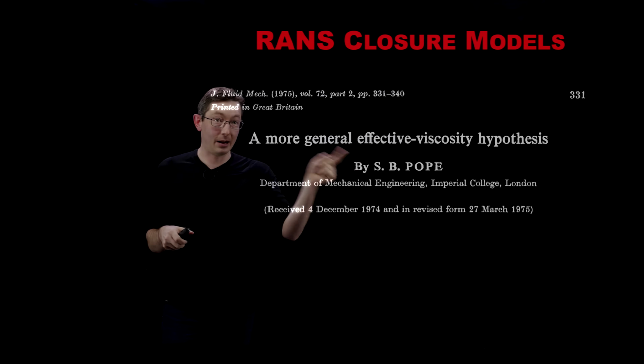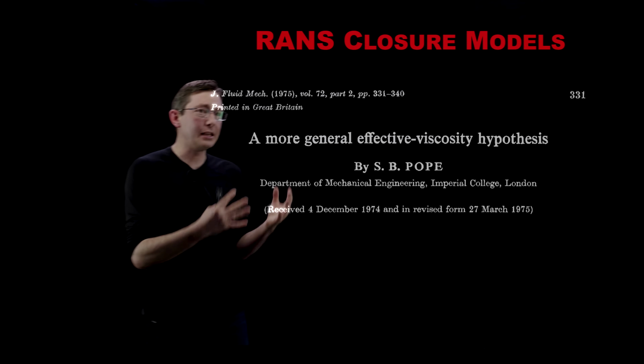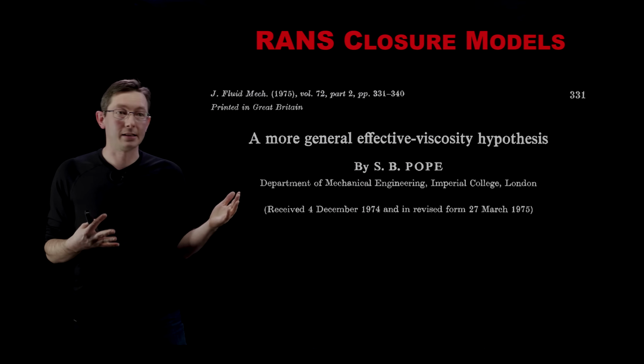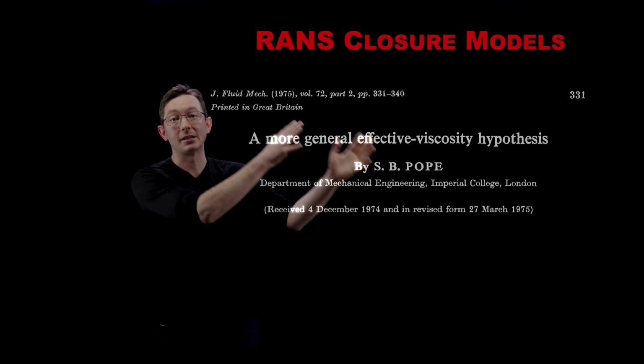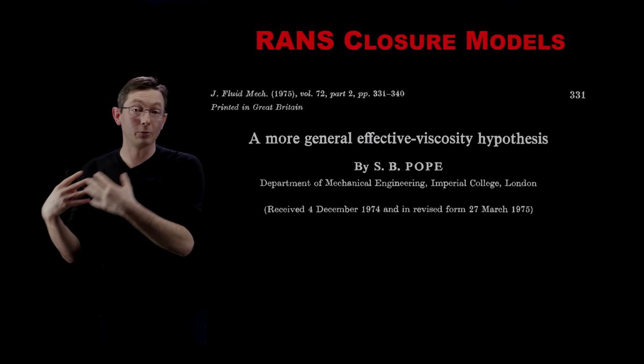So there's this great paper by Pope, 1975, where essentially he develops a better eddy viscosity model or effective viscosity hypothesis. And I want to walk you through this because this is going to help you understand why Ling et al.'s work is so interesting and so relevant.